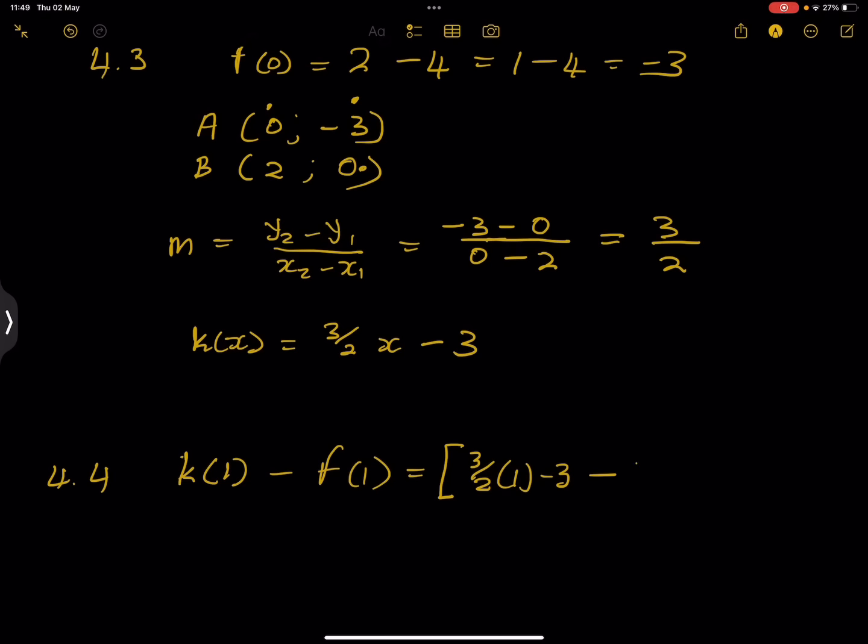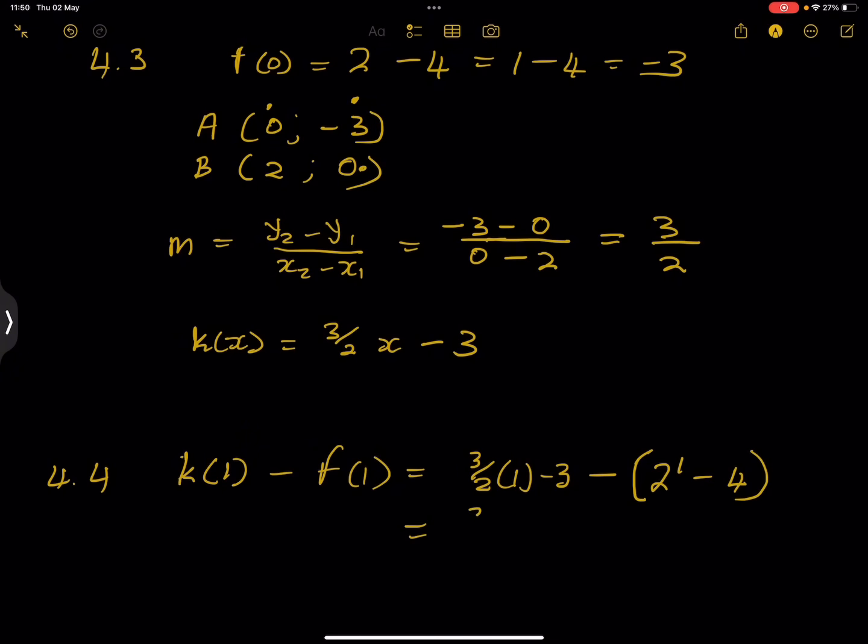So I'm going to put this in brackets. Okay, so let's do this. That's 2 to the exponent x minus 4, right? So in this case, what am I going to do? So 3 over 2 minus 3.